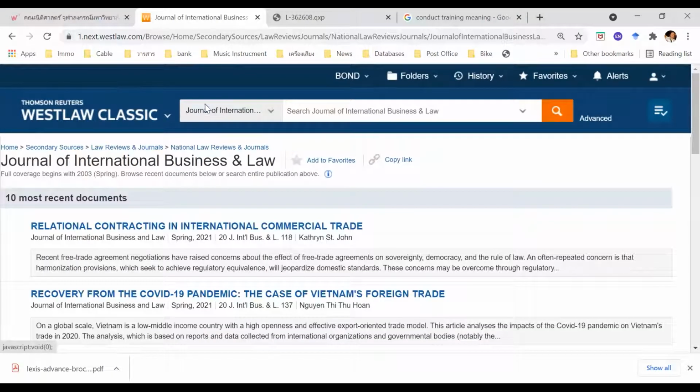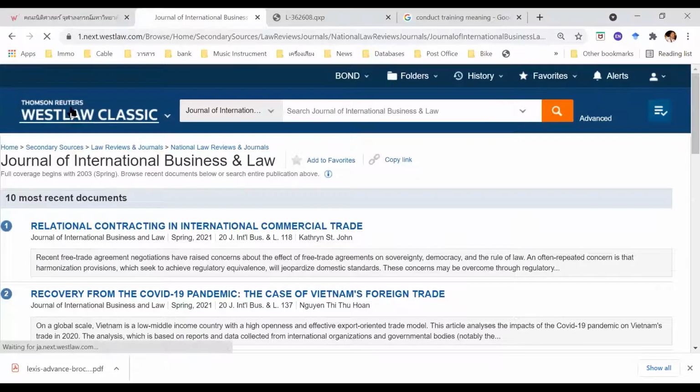You will search only that journal. Just type a keyword. So you can be specific to just one journal or mix with other journals. This is what we call the global search, not just searching the terms. You can search for a source.